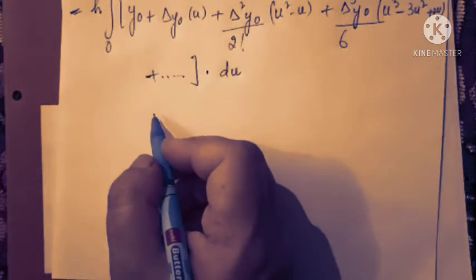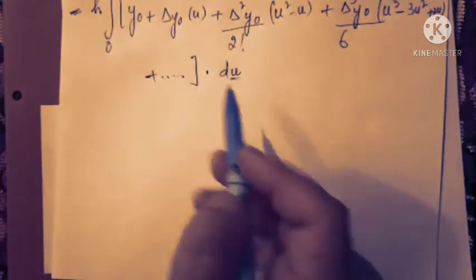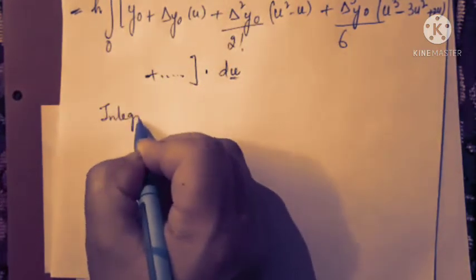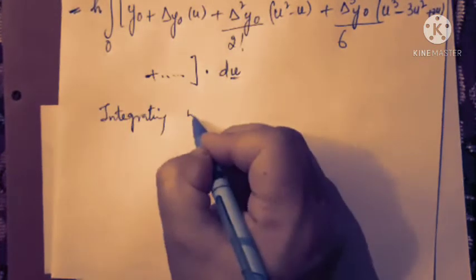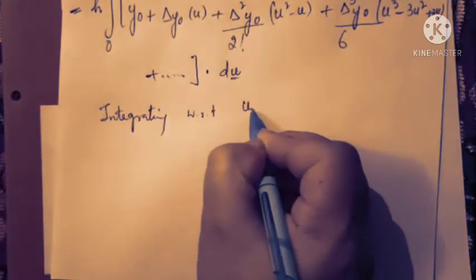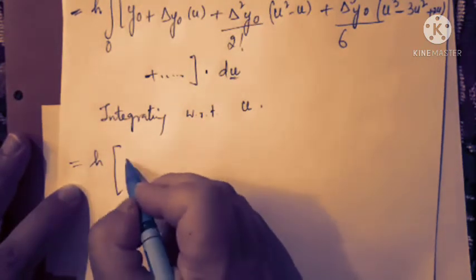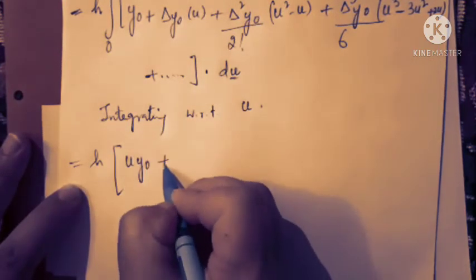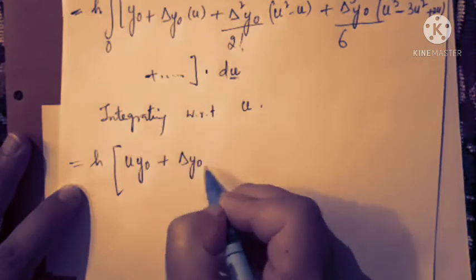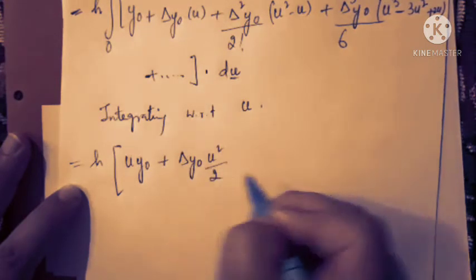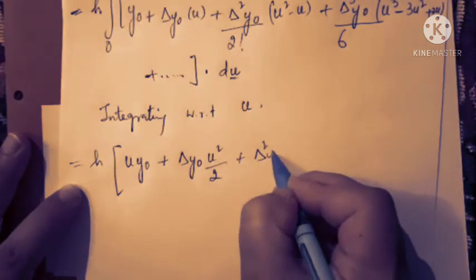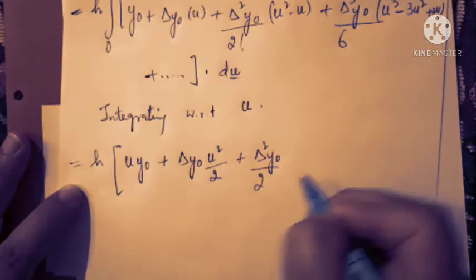Now integrate the whole equation with respect to this u. So integrating with respect to u, what you are going to get is h of u y0 plus delta y0 u square divided by 2. I hope you know how to do it.